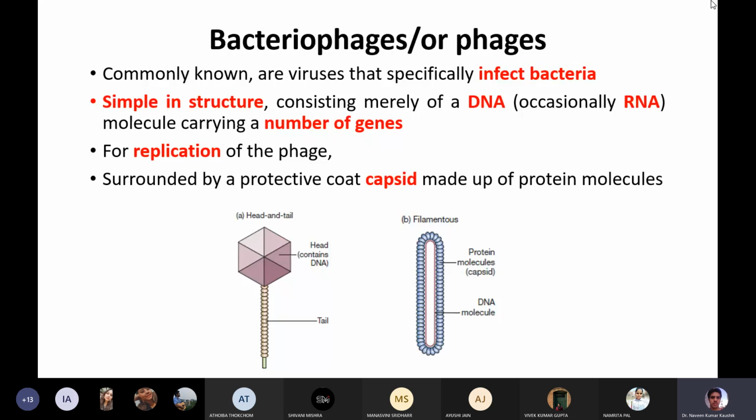It has two parts. One is the head, called the capsid head, and the second is the tail. The tail and head have different roles. The head is going to have your DNA, your genetic material, within it.